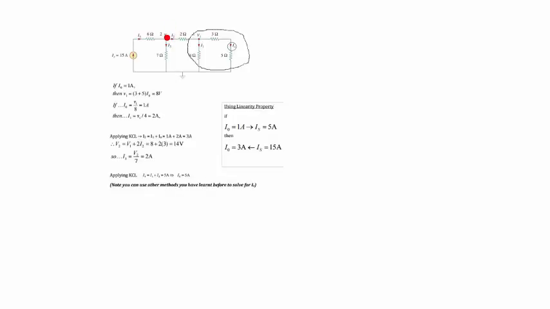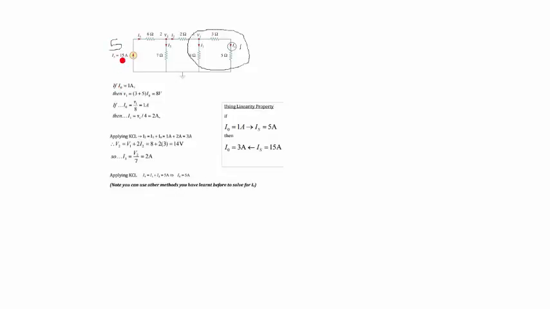Once you have this, you'll be able to find the current going through here, because you have a voltage and a resistance. In parallel, current divides but voltage stays the same. Once you have these two, you add them. This is 3 amps, and you divide this, you get 2 amps. So 2 plus 3 is 5. That means if I0 is 1 amp, we get our Is as 5.